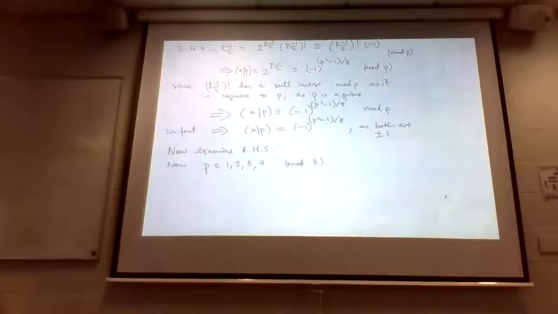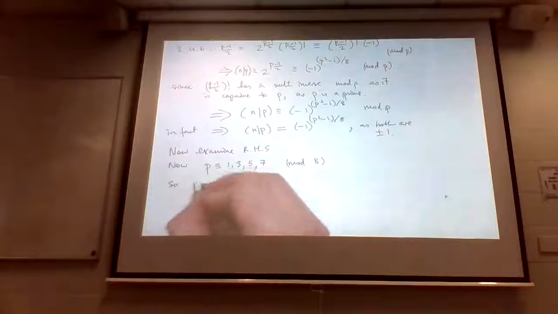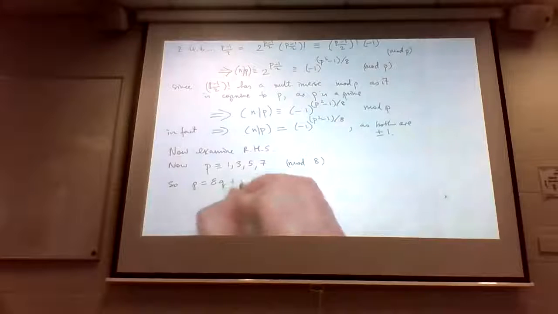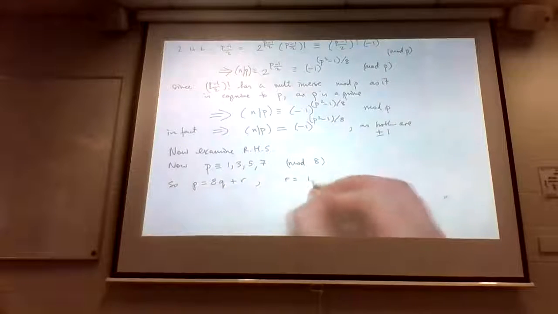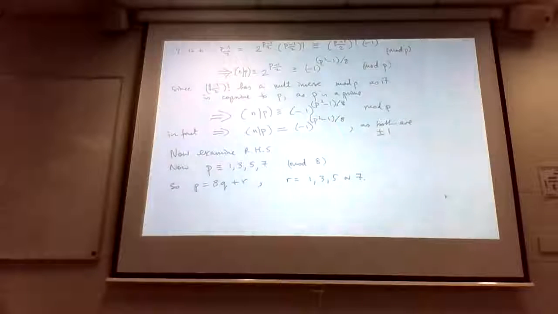So then you just look in each case at what p squared minus 1 divided by 8 is. So p is 8q plus r, and r is equal to 1, 3, 5, or 7, for some q.